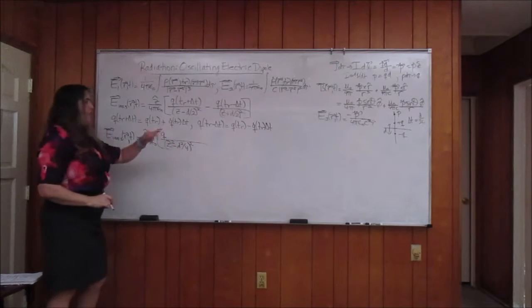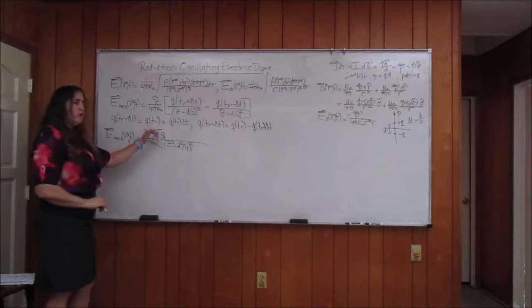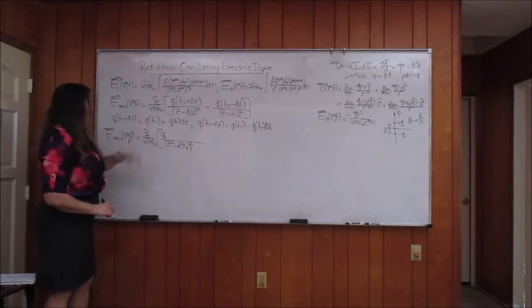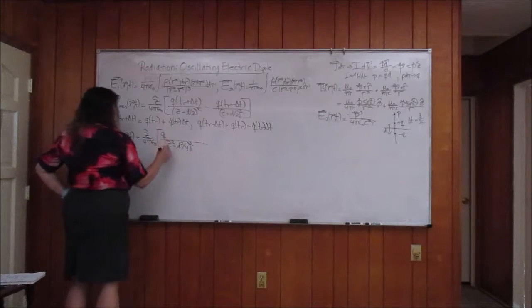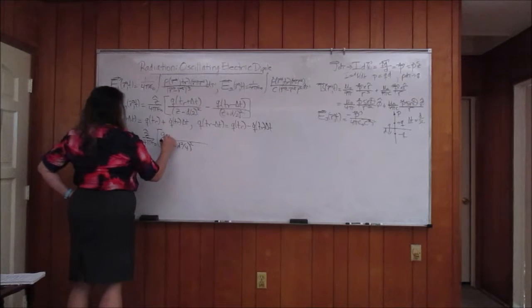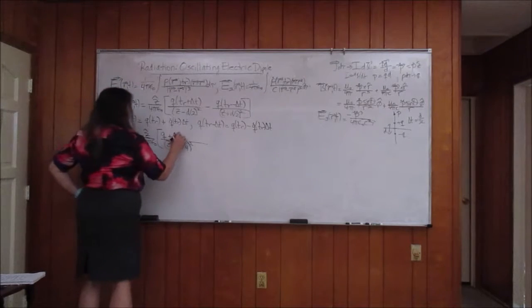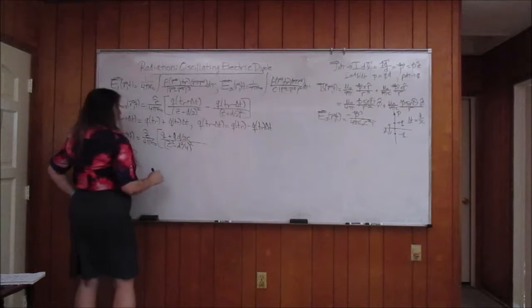And we're going to leave off the arguments. We'll just know that they're evaluated at the retarded time. And so I'll save myself a little bit of writing here. And I'll substitute in what delta t is. So that's d over 2c.